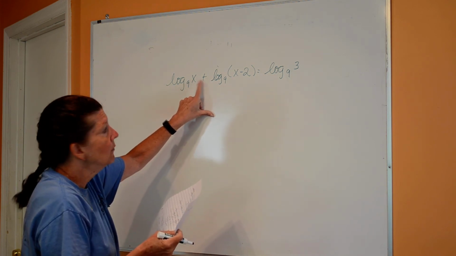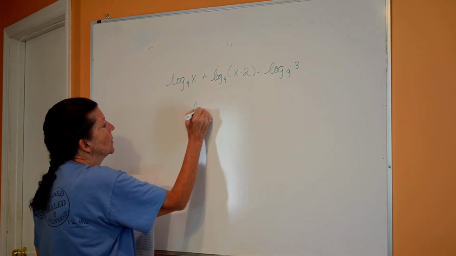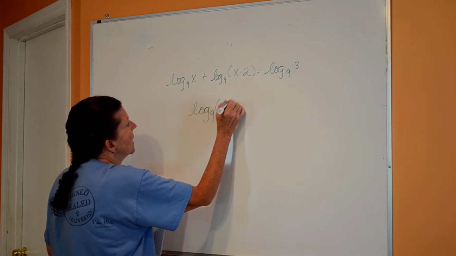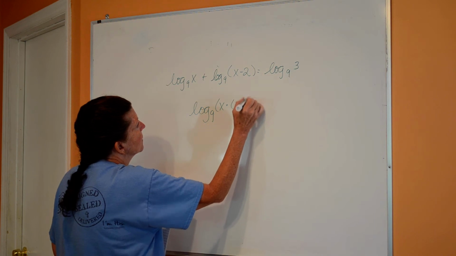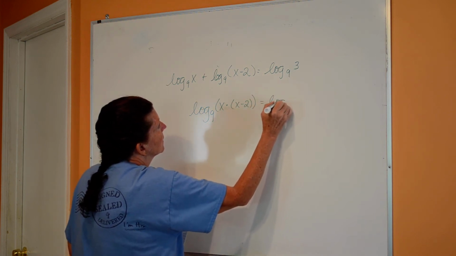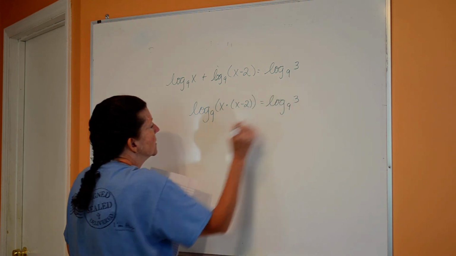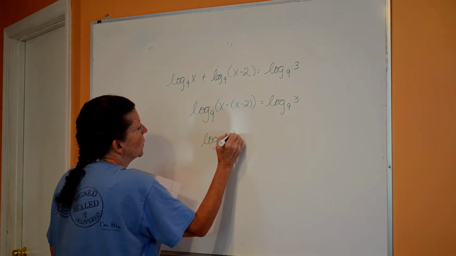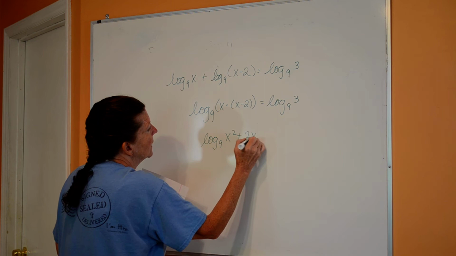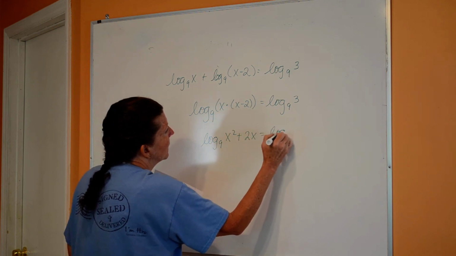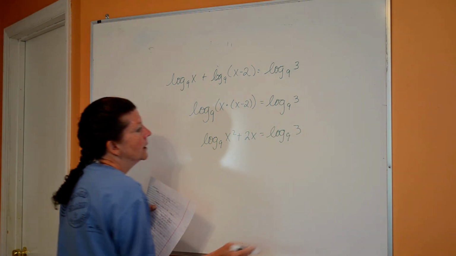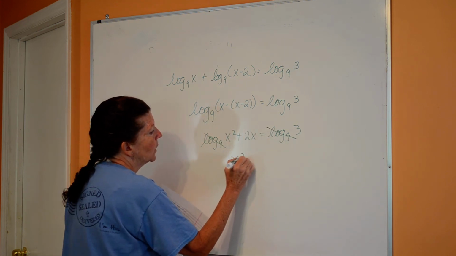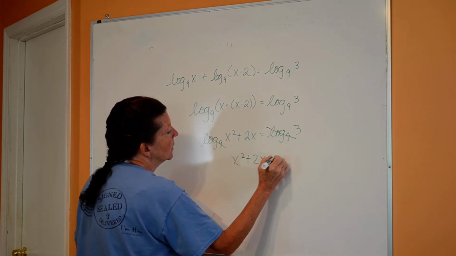If I'm adding, remember it's the same as multiplying. So I can rewrite this as x times x plus 2. So I have the log of base 9 of x squared plus 2x equals the log of base 9 of 3. Now I can mark those out, and I get x squared plus 2x equals 3.